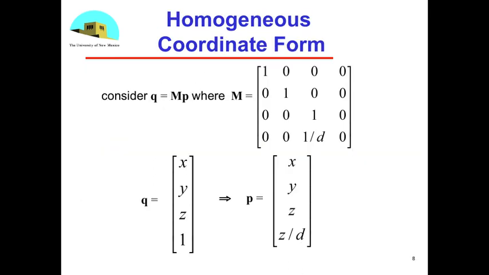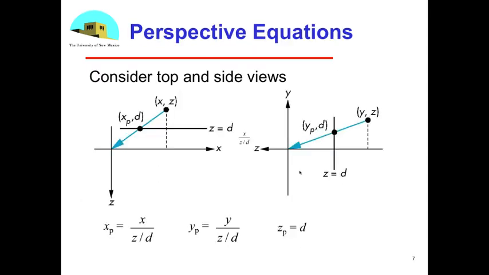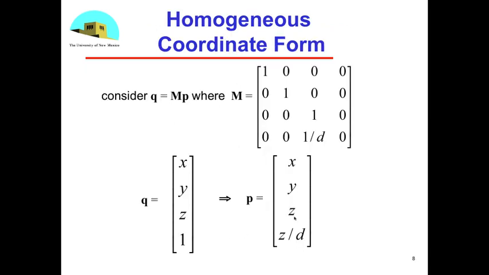If I divide the y term by z over d, I get the y that I had over here. And finally, if I divide the z by z over d, the z's cancel out. I get d, which is the value of the projected z. So in fact, if I use this particular matrix, I do get the equations of perspective.